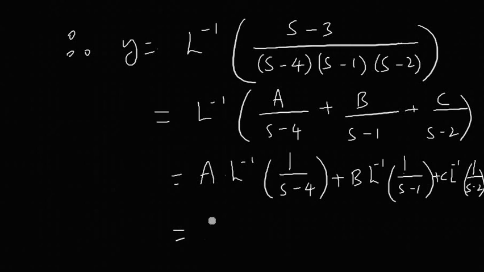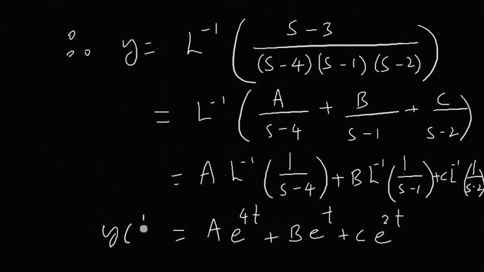So it is something a into e to the power of 4t plus some b into e to the power of t plus some c into e to the power of 2t, and we are now ready with the value of y in terms of t.